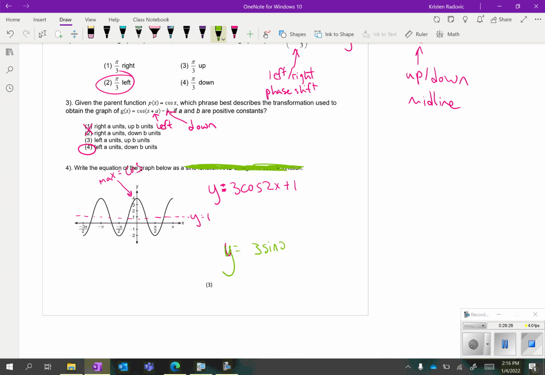The frequency stays the same, and so does the midline. What we need to do is incorporate a shift left to right inside of parentheses. The frequency technically goes on the outside, and your phase shift is applied directly to the x variable.